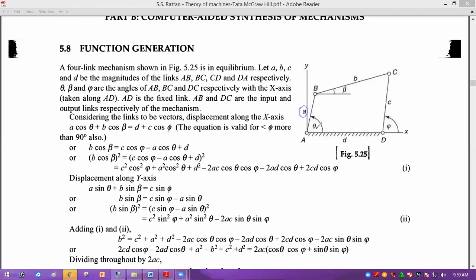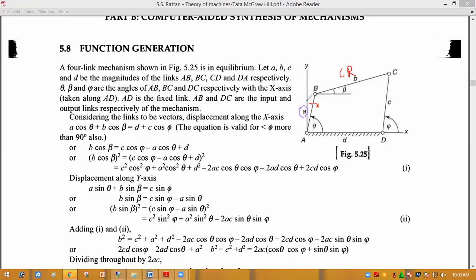As I said earlier, theta is the input link angle with respect to the x-axis, phi is the output angle with respect to the x-axis, and beta is the coupler angle or connecting rod angle with respect to the x-axis. AB will be a crank, BC is the connecting rod or coupler, and CD is the output link, which will be a rocker arm.